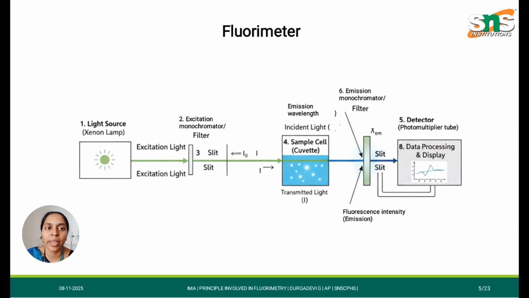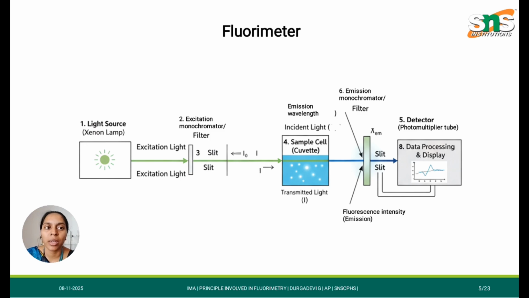So they will provide the excitation light, and the excitation light is filtered through the excitation monochromator or primary filter. Their prime purpose is to allow only the UV radiation to pass through, that is the excitation wavelength, and after passing through the excitation monochromator or filter, the light radiation will reach the sample cell or cuvette. The sample cell will be filled with our fluorescent sample.